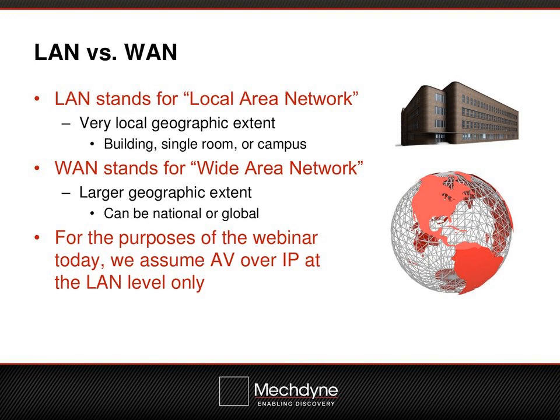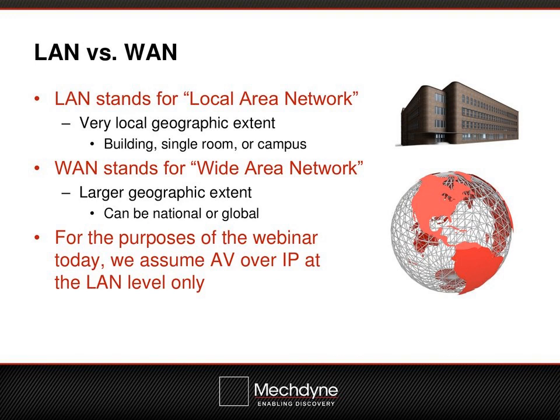As we talk about networks, a little definition here as well. Let's talk about LAN versus WAN. A LAN stands for local area network, and this is a very limited geographic extent. In most cases, we're talking about a single building, although it could be as small as a single room or even a part of a room, or a whole campus might be considered a LAN.